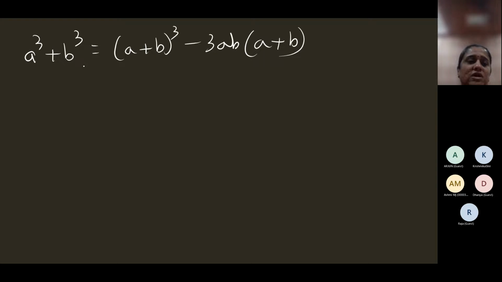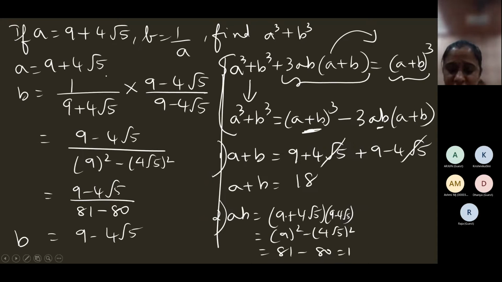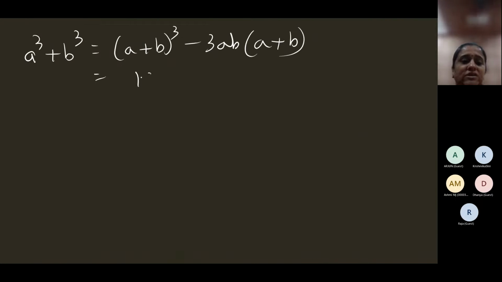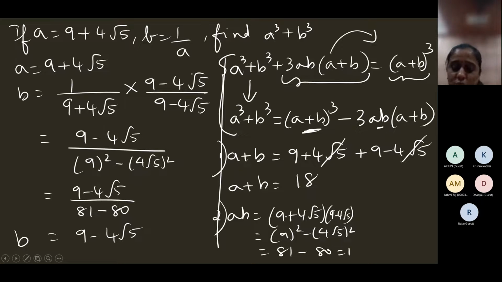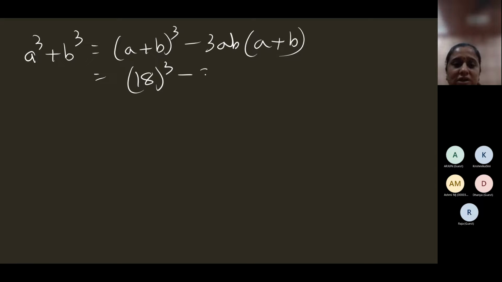Now substitute the values. We found the value of a plus b. How much is it? 18. So 18 cubed minus, we found ab is 1, minus 3 into 1 into 18. So you give me the final answer. That is what a cube plus b cube is.